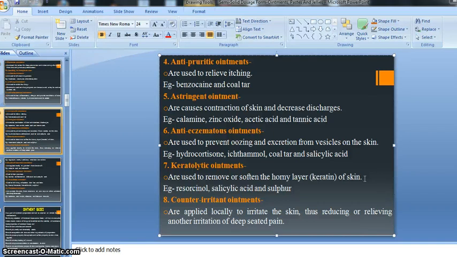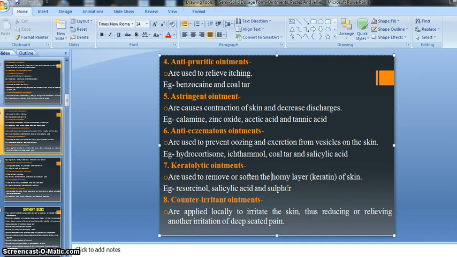In this condition the keratolytic ointment is prescribed by our doctor, and it is used to remove the horny layer, which means our keratin layer, and to soften that horny layer, right? Horny layer means our skin layer.